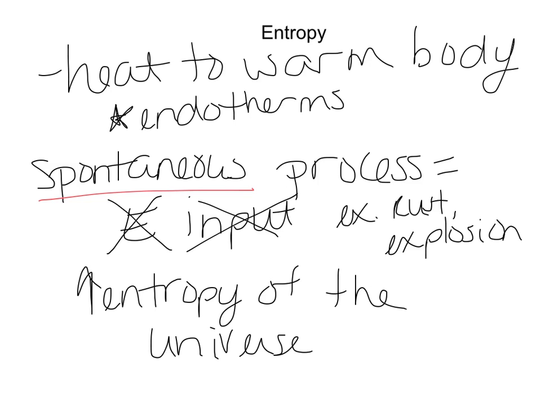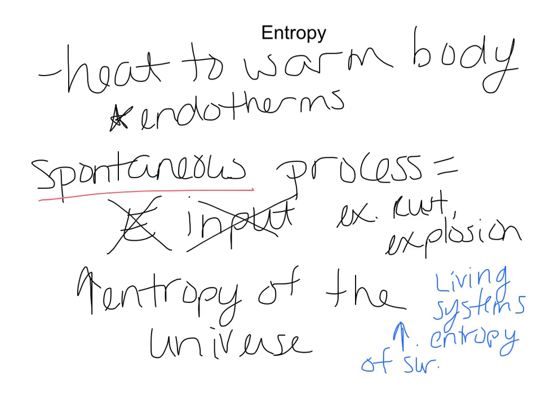Living systems, so for instance what we are, are going to increase the entropy of their surroundings, because remember, biological systems are open systems, so they're interacting with their surroundings. As we release this heat, this disorder, this chaos, we're increasing the entropy of our surroundings.